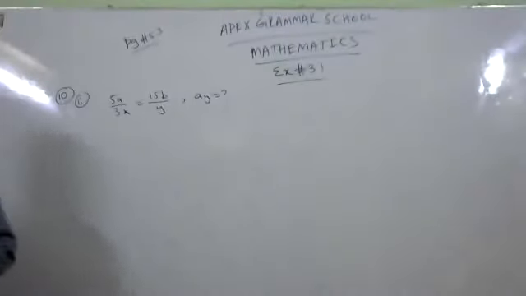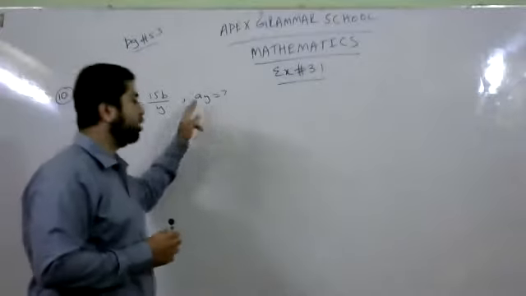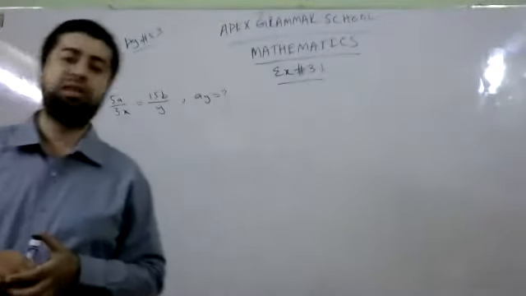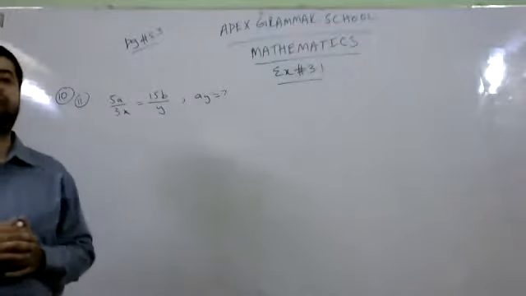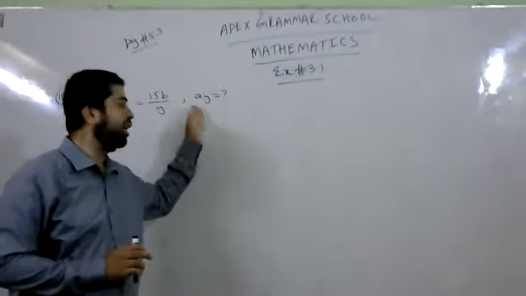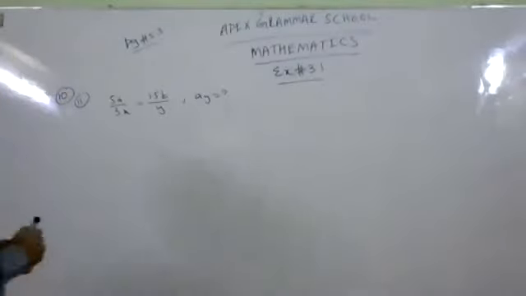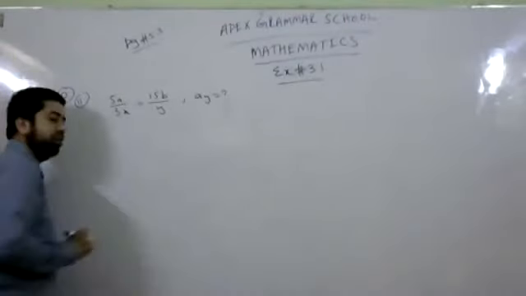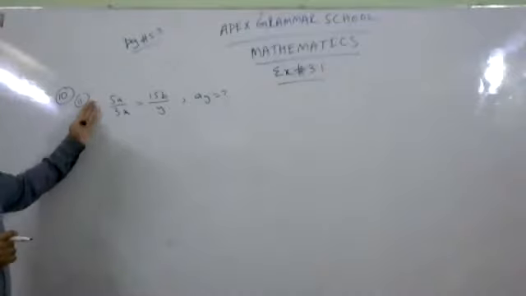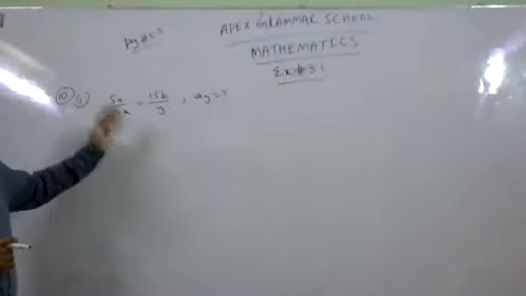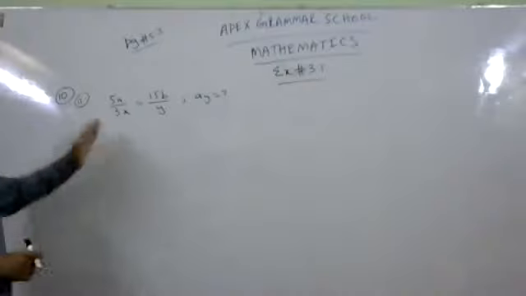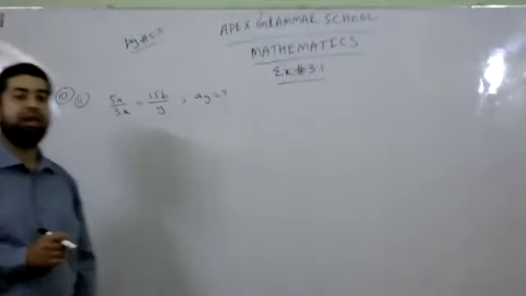Here the variable is only y and a is a coefficient. So first think that you need to find the value of only y, not ay. Just find the value of y only. The situation tells us you need to do the cross multiplication here because between two fractions there is an equality sign.